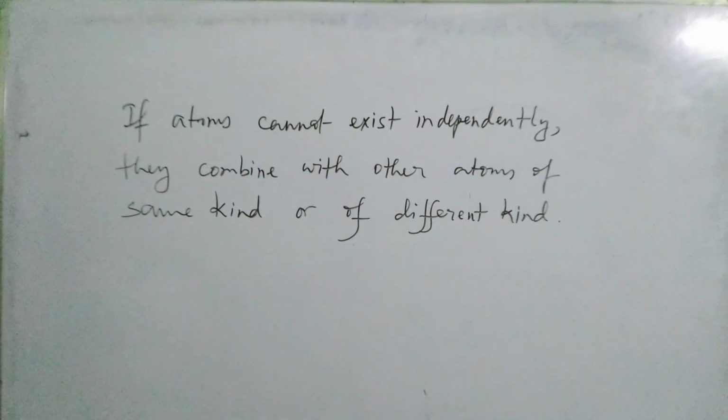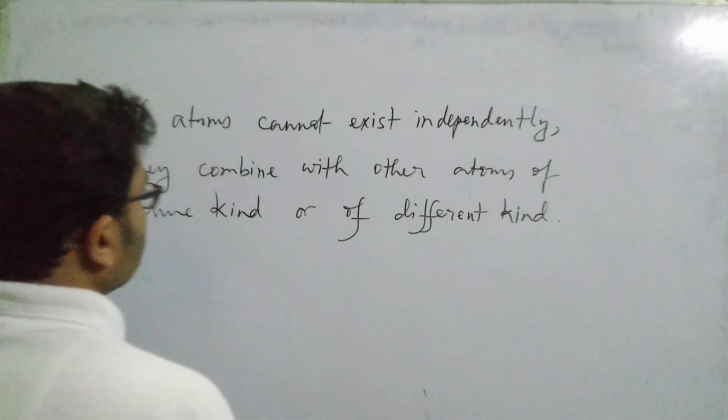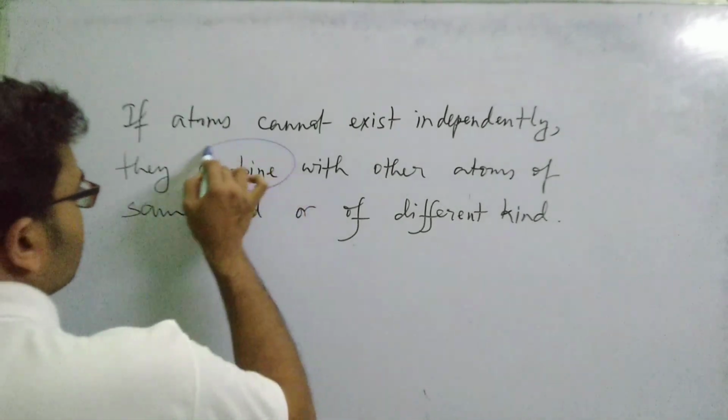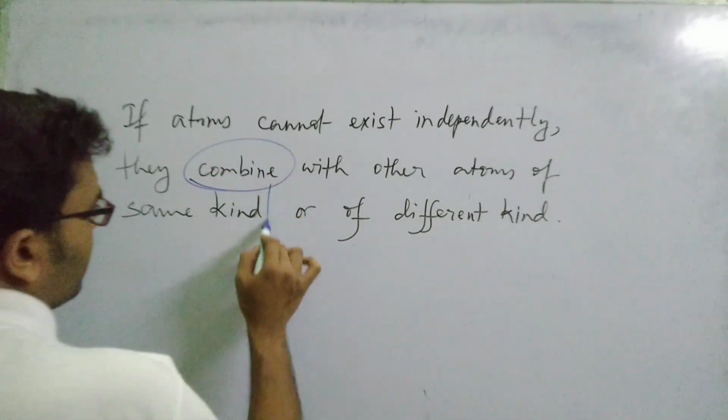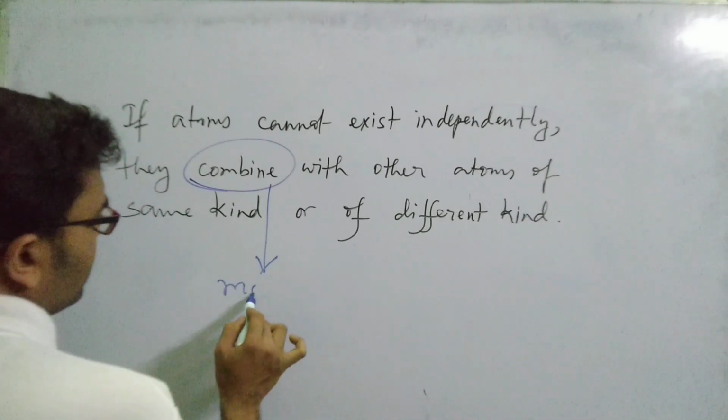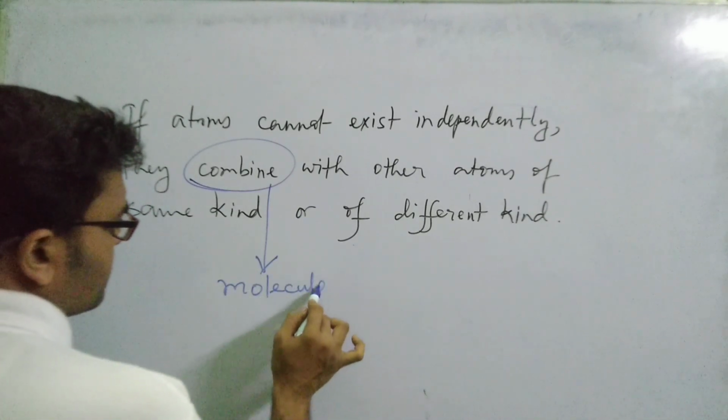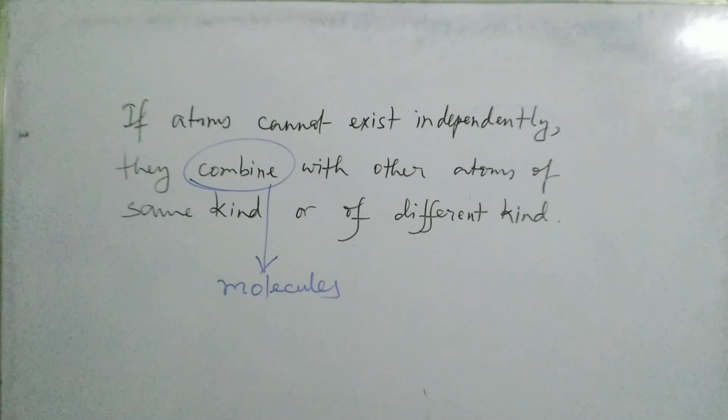So if these atoms combine together with other atoms, what are they called? They are called molecules. When atoms combine, they form a structure called a molecule. If the molecule consists of atoms of the same kind, it is regarded as a molecule of an element.